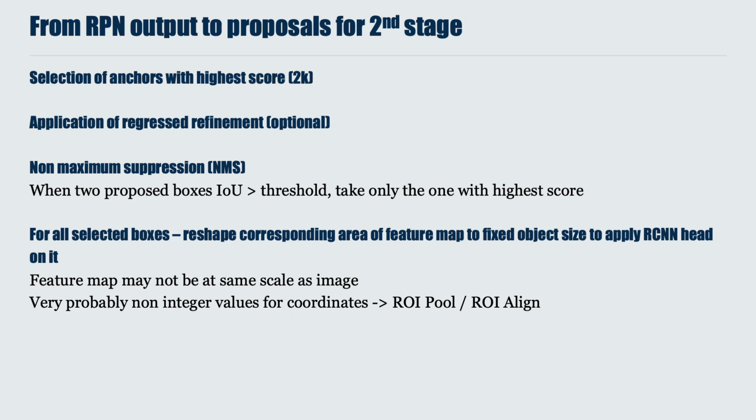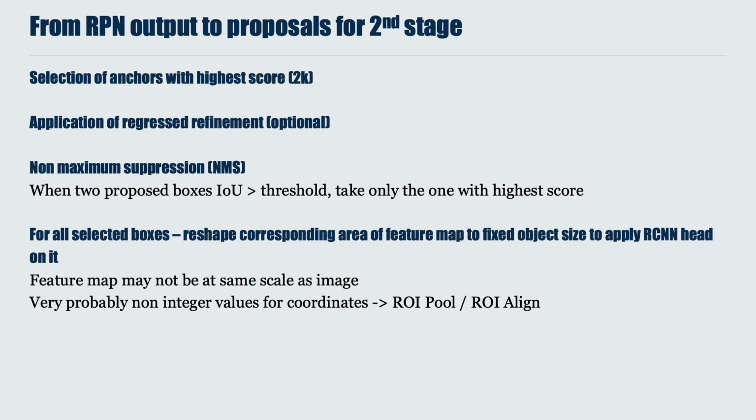So we use what we call non-maximum suppression, meaning that when we have two proposed boxes for which the IOU between the boxes is more than a certain threshold, then we consider only for further use the one that has the highest overlap with the ground truth.